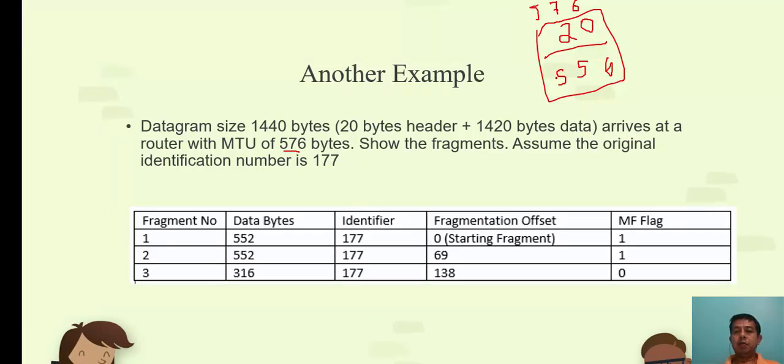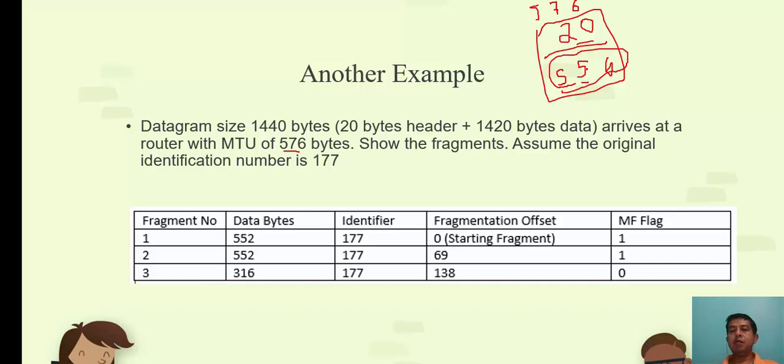Now here is the important part. Because the MTU is 576 bytes, I can pass a datagram of size 576 bytes. 20 bytes is header, so the data part can contain 556 bytes. Now remember, this data part has to be divisible by 8 for all fragments except the last fragment. And 556 is not divisible by 8.